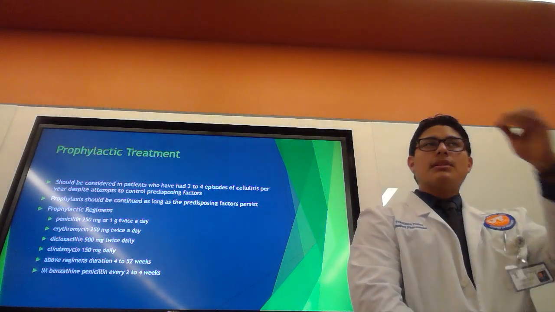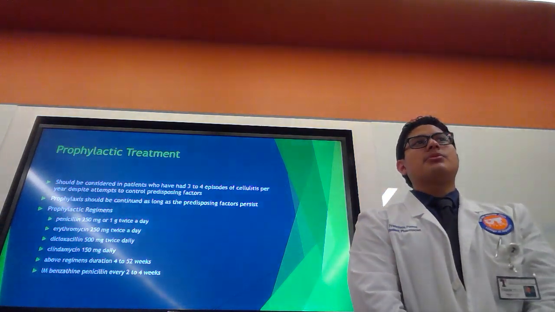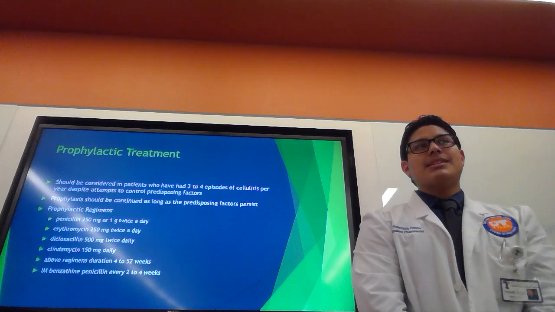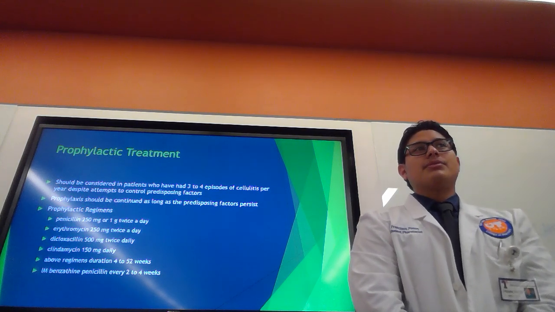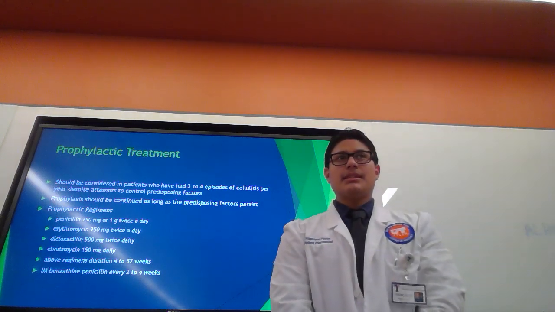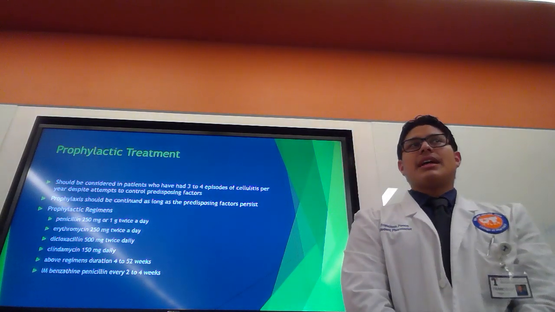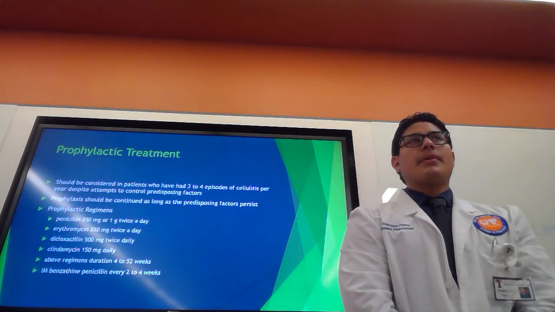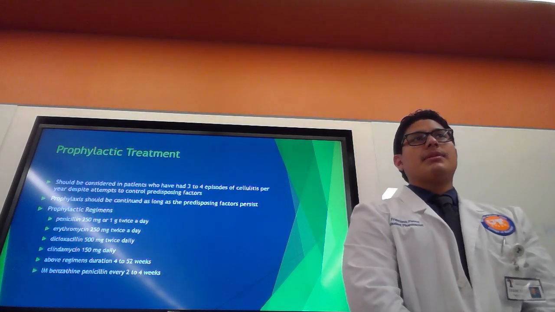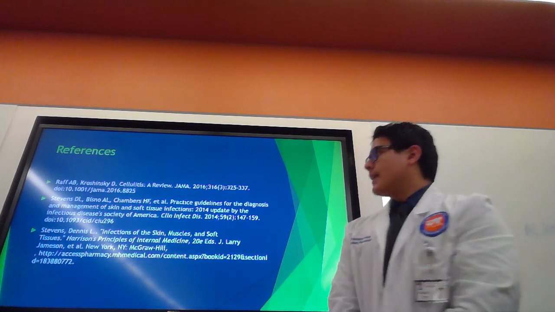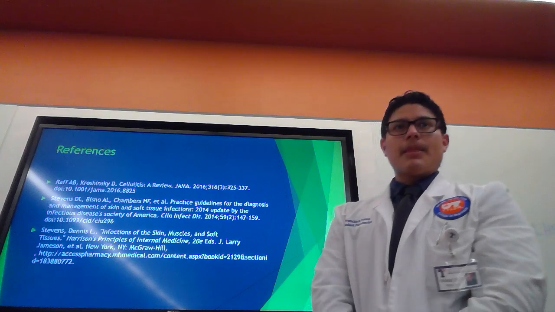Prophylactic regimens include penicillin 250 milligrams or 1 gram twice a day, erythromycin 250 milligrams twice a day, dicloxacillin 500 milligrams twice a day, and clindamycin 150 milligrams daily, and the duration of that therapy is usually 2 to 52 weeks, or intramuscular benzathine penicillin every 2 to 4 weeks can be used as well. And these are just some references. Now I will open up for questions.